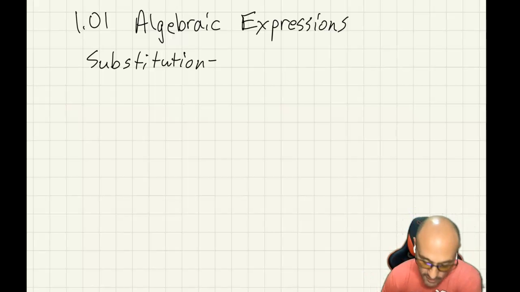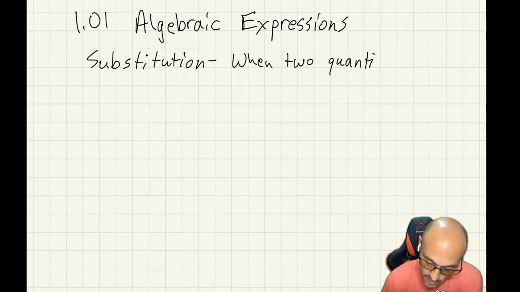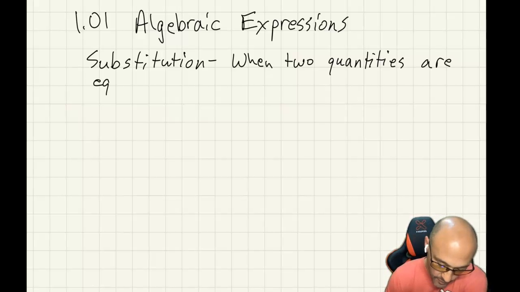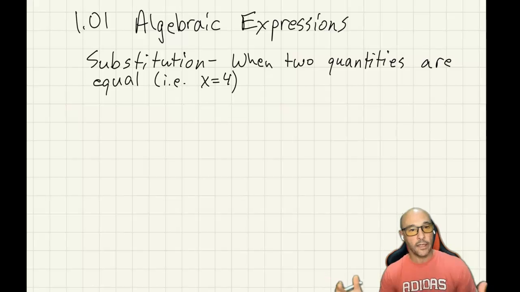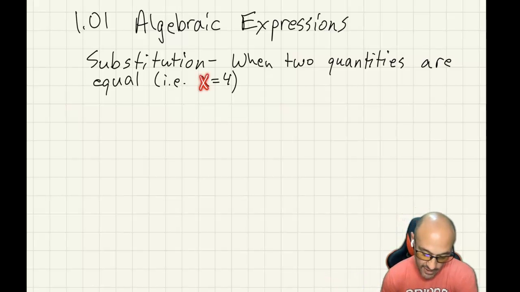When two quantities are equal, a way to think of that is like x equals 4. That's one example of two quantities that are equal. The quantity x is equal to the quantity 4.